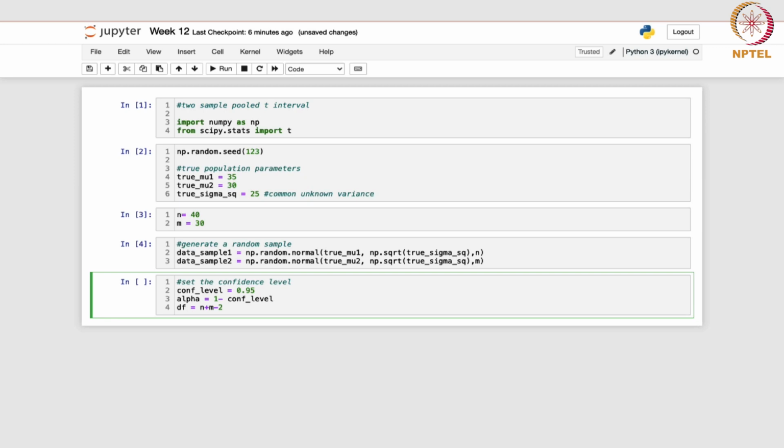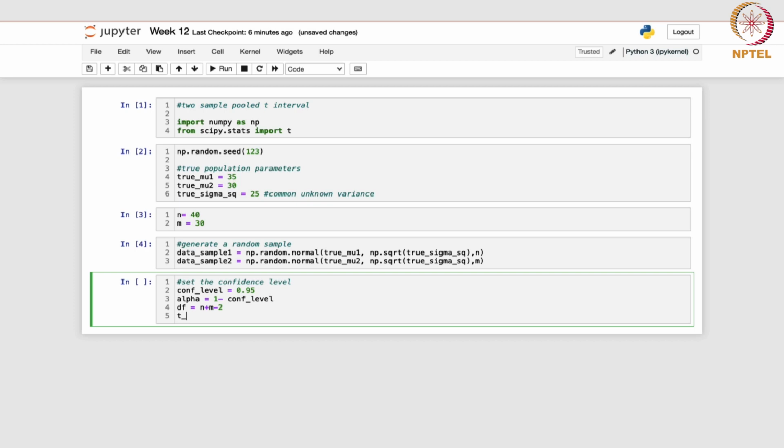Because if you can recall from the result that we discussed in the previous lecture, the degrees of freedom would be n plus m minus 2 because it is following the t distribution. The critical value t_critical would be found using the percent point function, which we have defined earlier also, at 1 minus alpha by 2. Let me not use df over here because it is going to create confusion, so let me use dof for degrees of freedom.